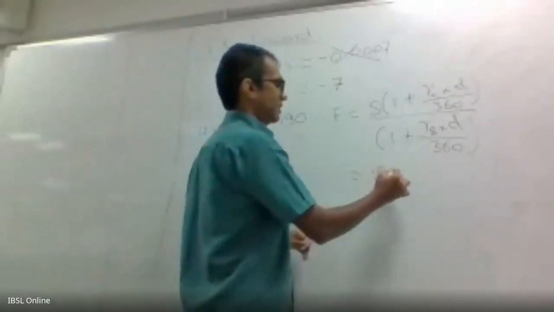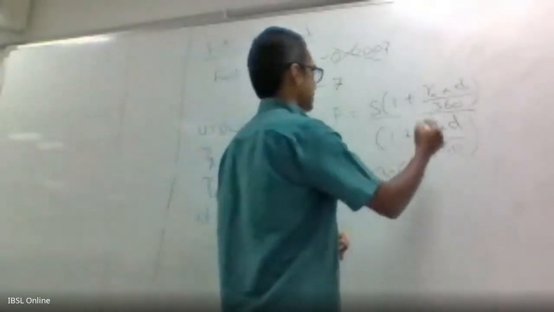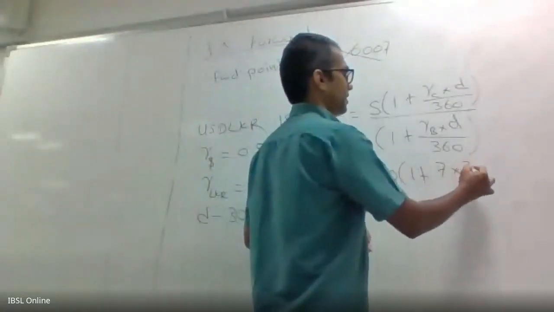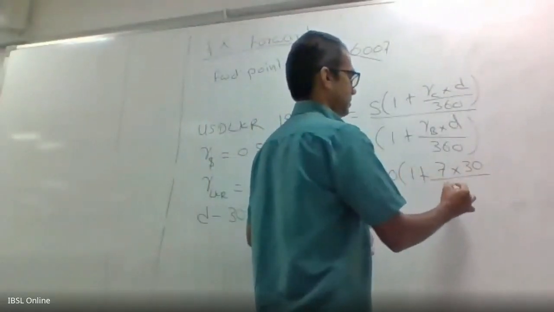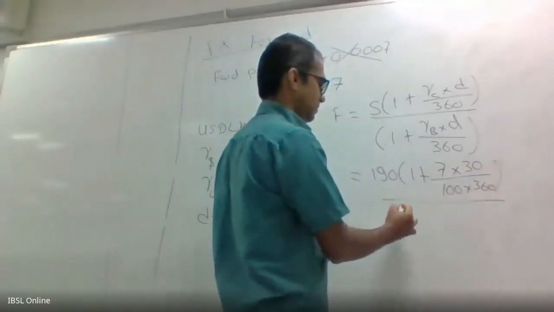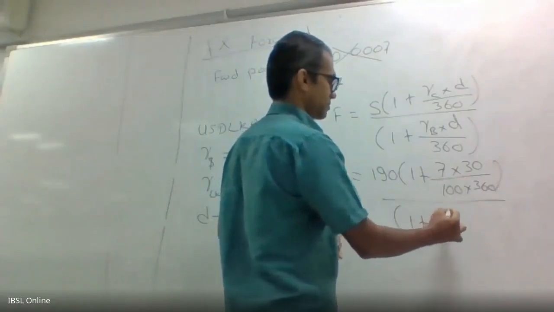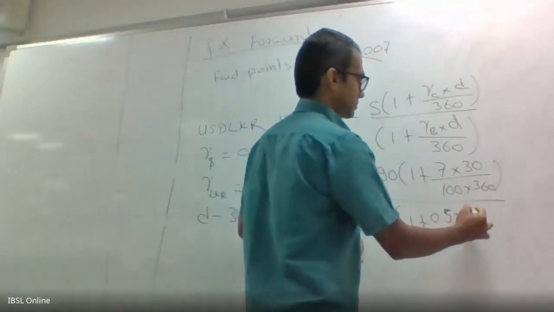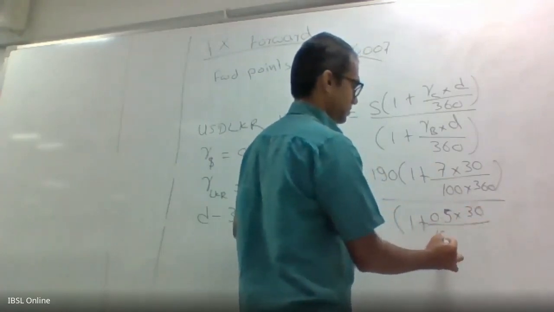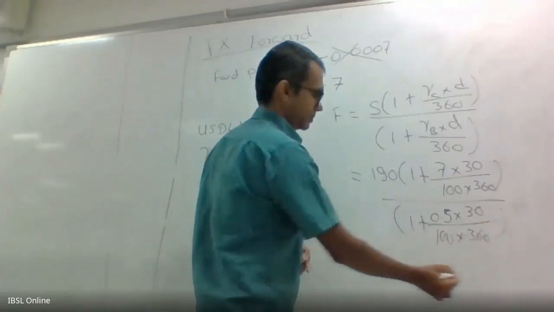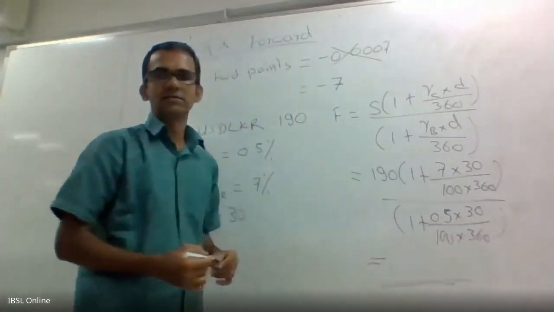Spot is 190, 1 plus counter currency interest rate 7%, number of days 30, 100 into 360, divided by 1 plus 0.5%, 30, 100 into 360. What's the answer?